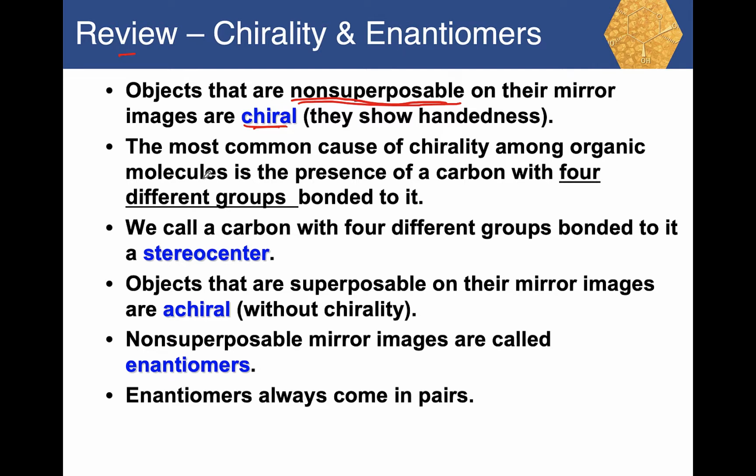The common feature of chiral molecules is that there is a carbon that has 4 different groups bonded to that carbon. So chiral molecules have 4 different groups bonded to at least one carbon in the molecule. We say that that carbon is a stereocenter.